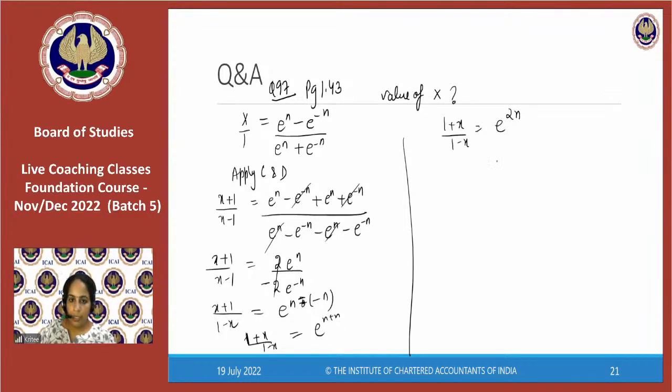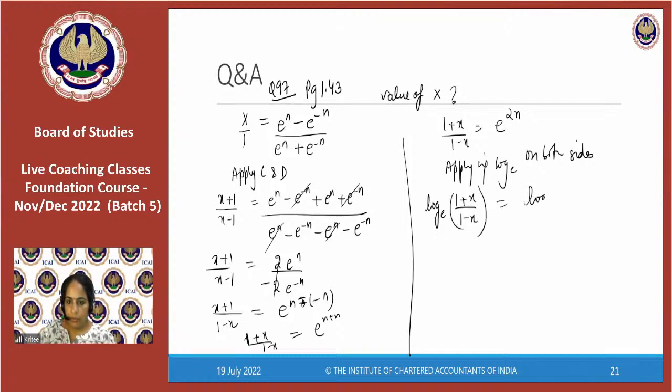Okay, so applying the log here. Apply log with the base e on both sides. So now this becomes log base e of 1 plus x upon 1 minus x is equal to log of e raised to power 2n. This 2n comes out as 2n log e. This cancels out, becomes 1.